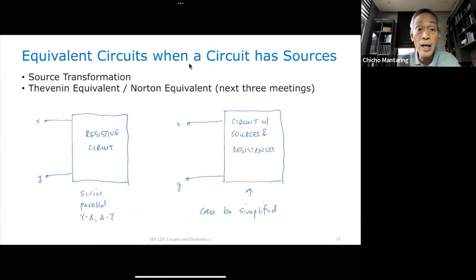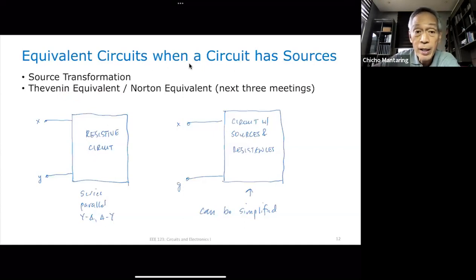So that's what we're going to study next, no? In fact, that's what we're going to study today. We'll continue on Thursday and even next week, no? So the first technique that we're going to study is source transformation, no? And then on Thursday, I'm going to introduce Thevenin's theorem, no? We're going to get an equivalent circuit, which we call the Thevenin equivalent.